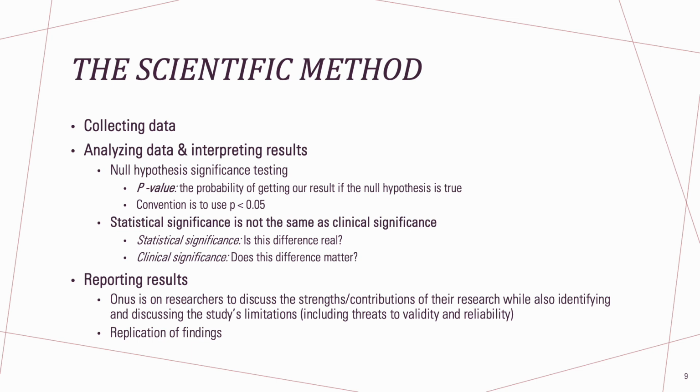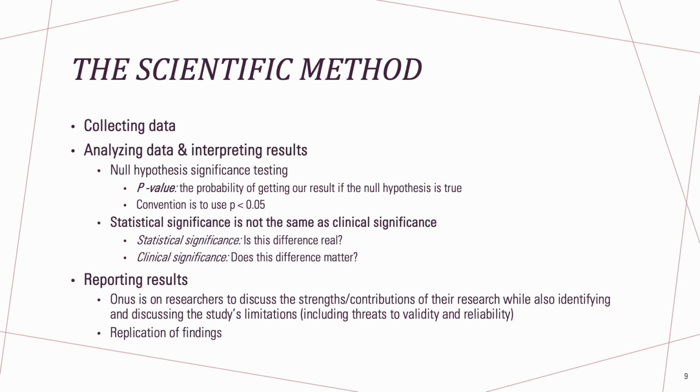That usually is like our criterion. And then when we run our analyses, we look at whether or not that p-value is below the 0.05 threshold. If it's below the 0.05 threshold, then we can reject the null, and we would say that our hypothesis was supported. So the p-value is the probability of getting our result if the null hypothesis is true.